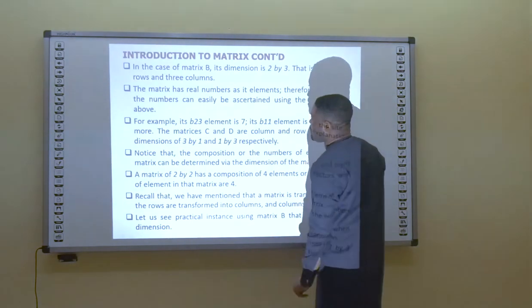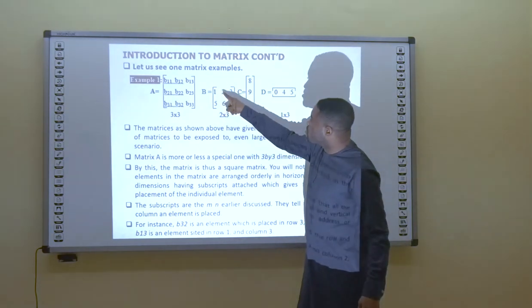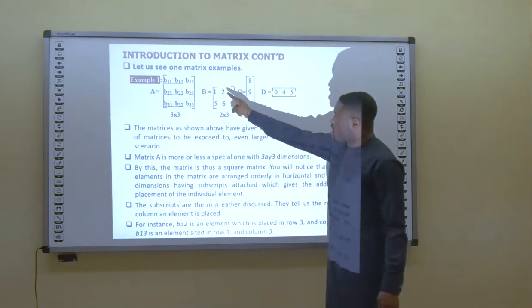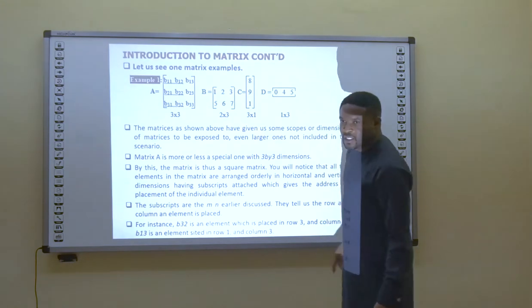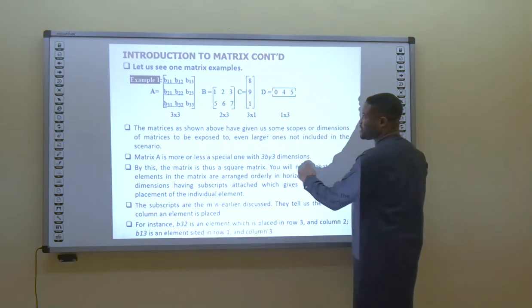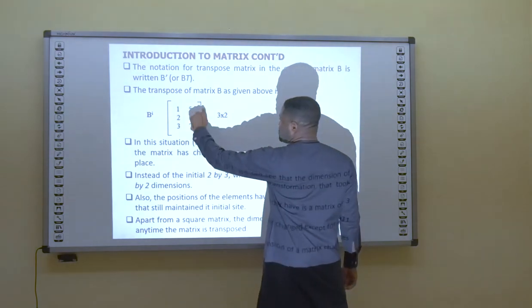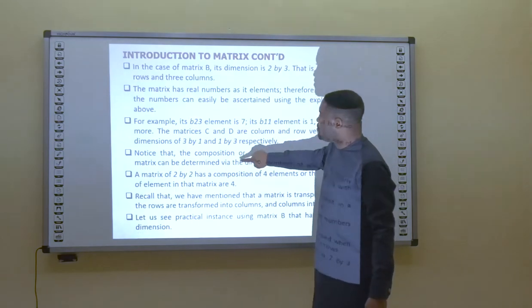If you go back to our former matrix, this is matrix B, where we have 1, 2, 3, 5, 6, 7. For you to transpose this matrix, it means you have to rotate the entries within the matrix. When you do that, you have a resulting matrix, which now changes to a 3 by 2 matrix from a what?